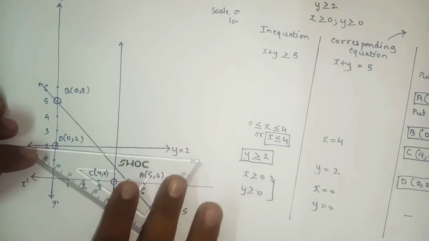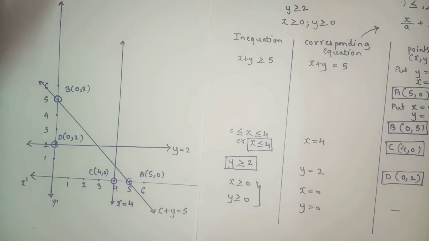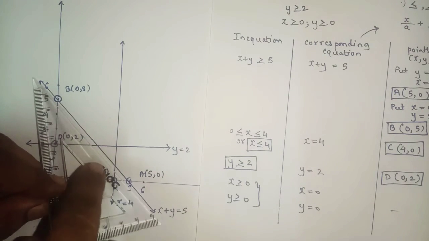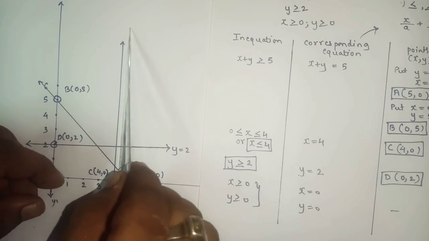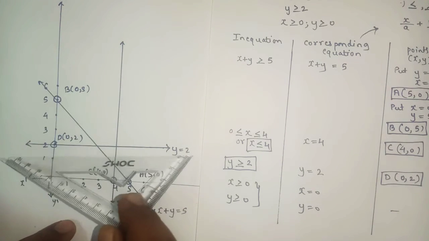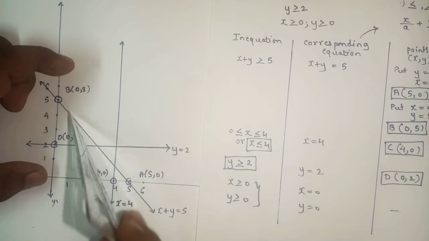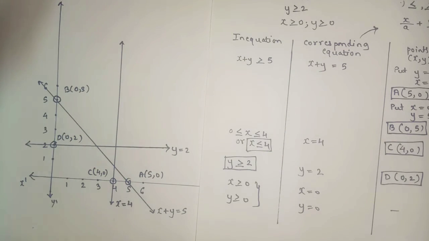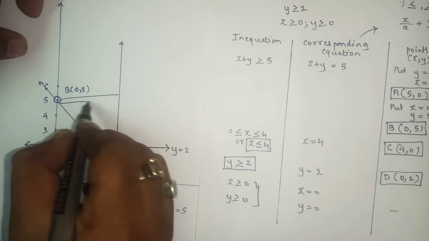So clearly we can see that for these three linear inequations, the common region is this. For this equation also, this region is common. And for this equation, this section is coming. That means for all three linear inequations, clearly we can see that this is the common region we are getting.